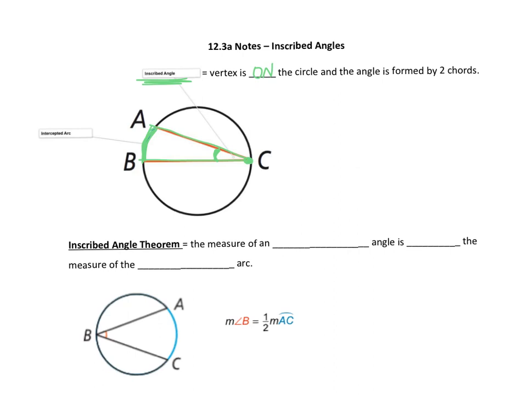Okay, so then we have this theorem. It's called the inscribed angle theorem, and it says the measure of an inscribed angle is half, so you can say half or 1/2, the measure of the intercepted arc.